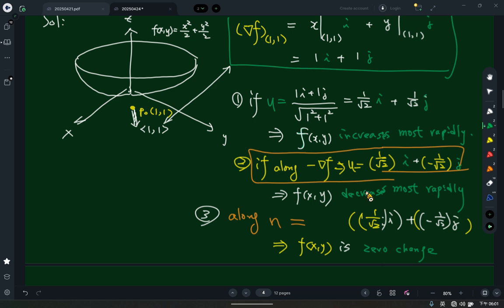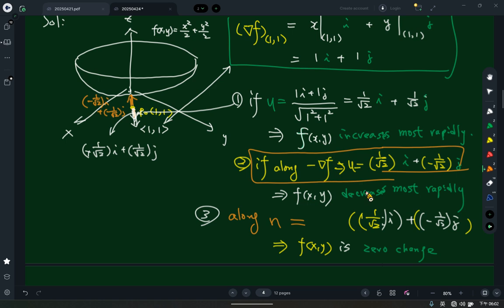So here the first one should be here. Then this vector will be this one. The second one will be this one: negative 1 over square root of 2 i plus negative 1 over square root of 2 j.